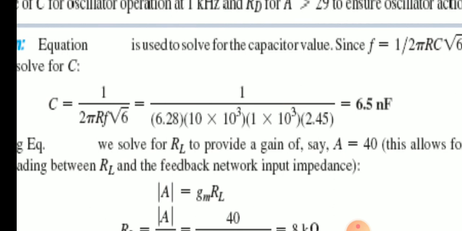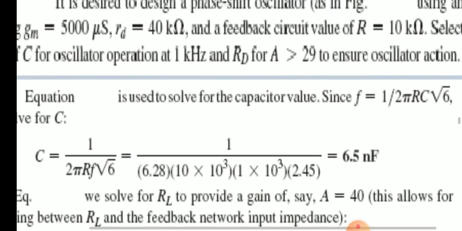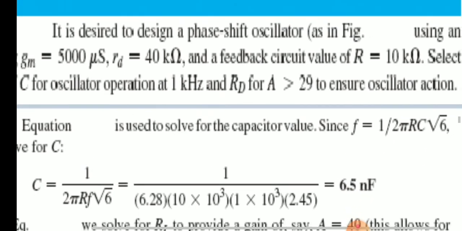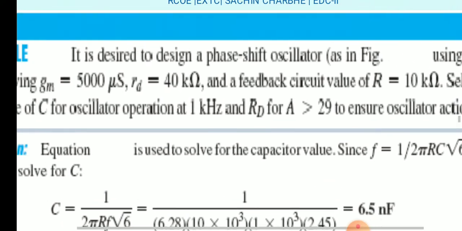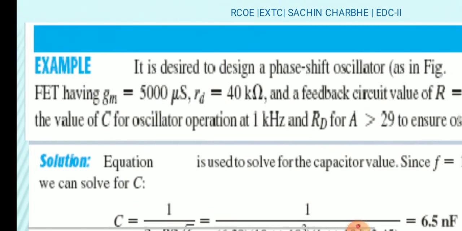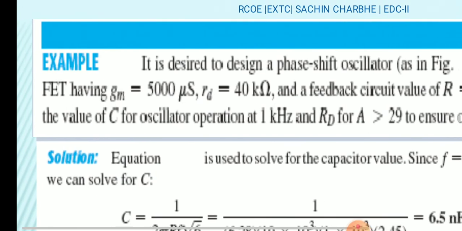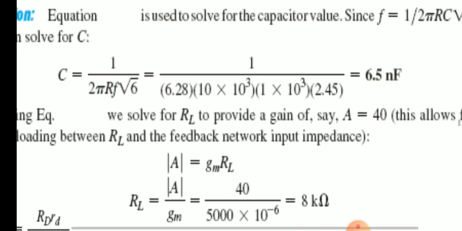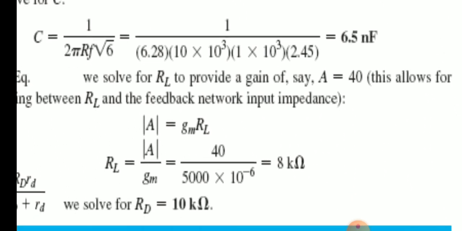Now we put the value: 1 by 2 pi, then the value of R, that is 10 kilo ohm, then the frequency, which is given as 1 kilohertz. In this way you can calculate the capacitor value. So we are getting the value, that is 6.5 nanofarad.